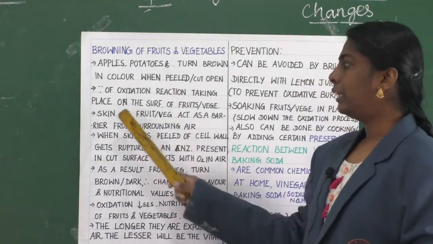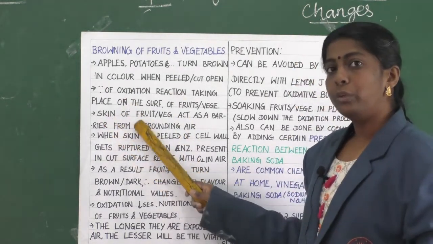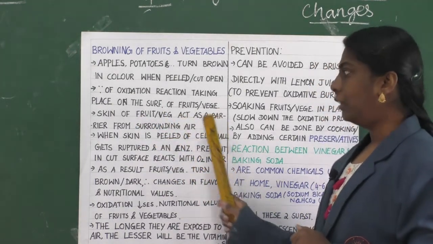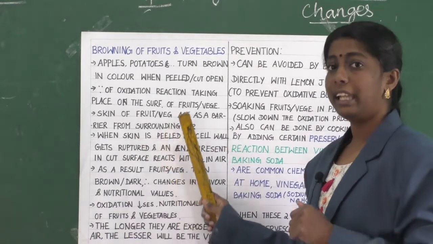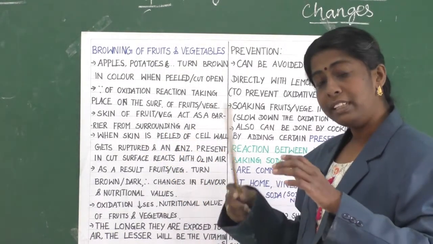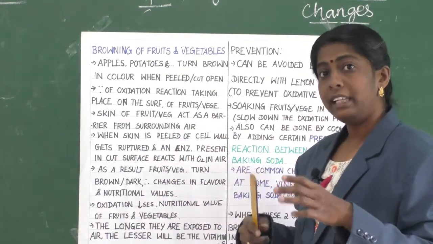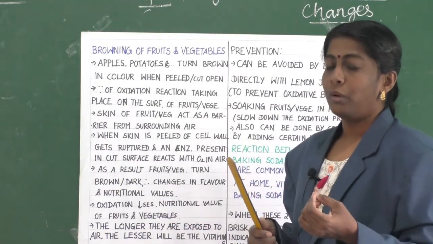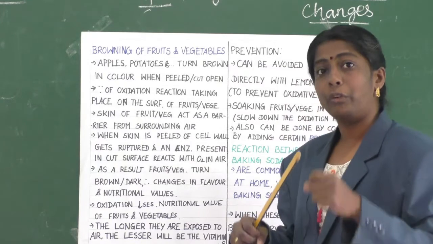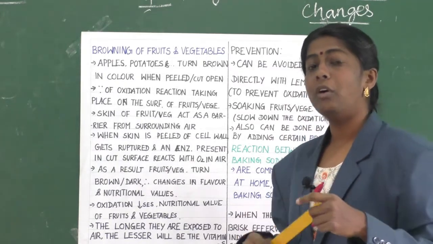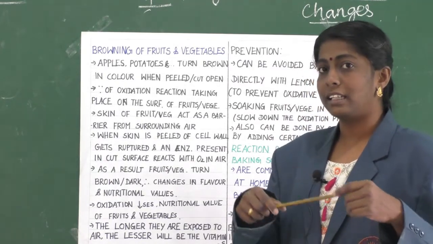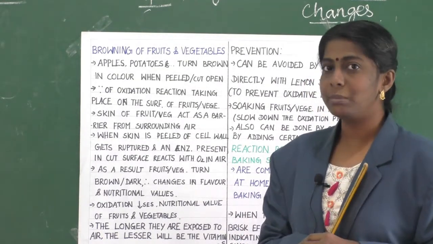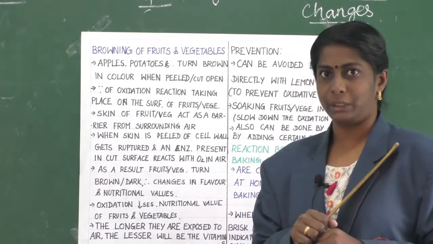The skin of the fruit or vegetable acts as a barrier from surrounding air. So if it is along with the skin, then it won't get oxidized, it won't turn brown. Once the skin is removed and it is left open for some time, it turns brown because of the oxidation.